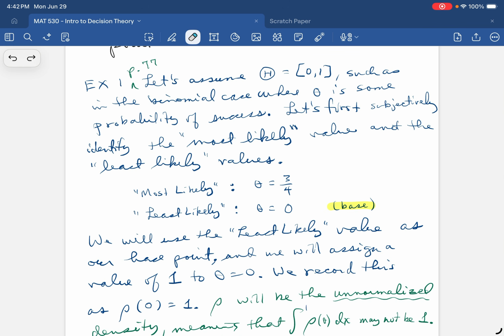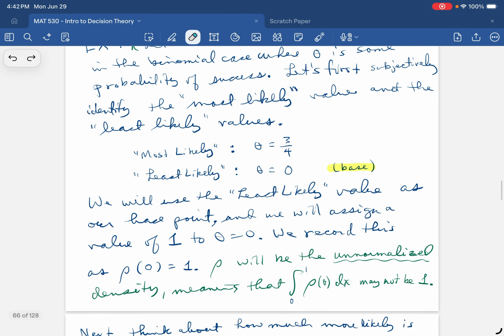Here rho is a function that probably won't be a valid density, but it'll be a starting point. It'll give us a function that we can then scale using an appropriate constant to get a valid density. So we need to think about how much more likely 3/4 is than 0, and once we've made that determination, we can select some other hinge points and put together a reasonable density.